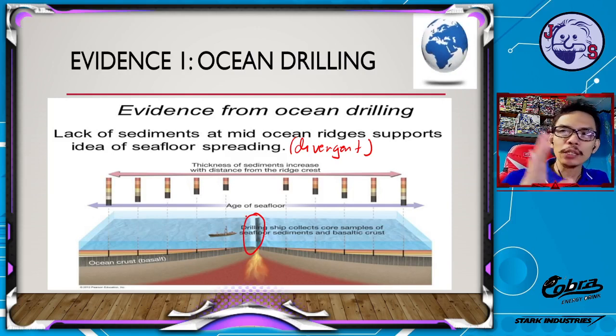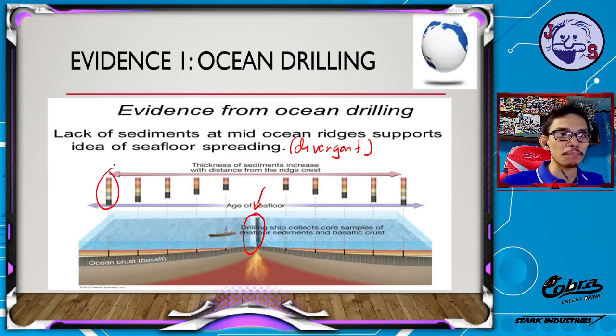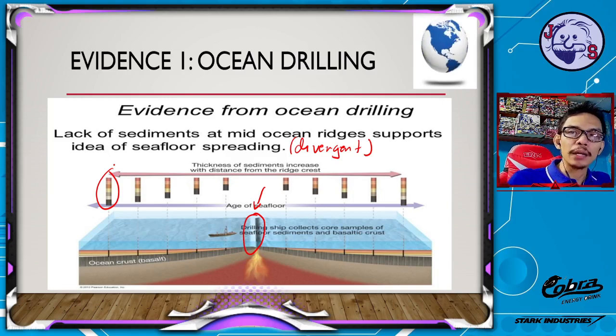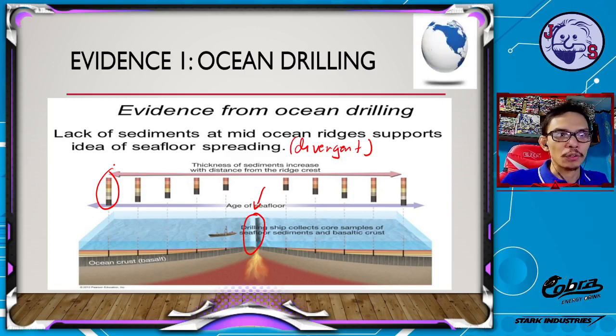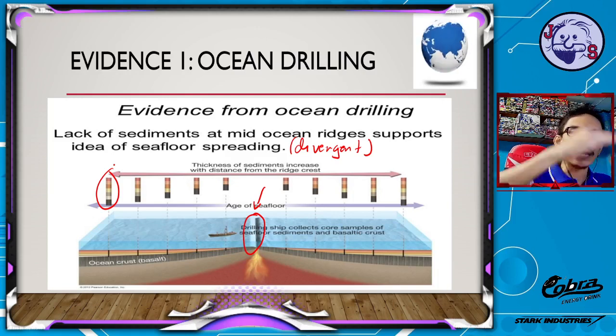In terms of thickness, according to the result, as you go far away from the mid-oceanic ridge, the thickness of the ocean floor increases. It's because of one thing: the pushing force. Because of the pushing force that comes from the ridge itself, it accumulates material as it goes farther away from it, more and more layer above another layer.